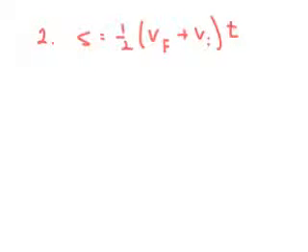This second equation, there's nothing magic about the numbering system. I mean, this could be the first equation, the other one could be the second equation. It's just another equation that applies to uniform acceleration. It's really just a reformulation of the definition of average velocity. Once again, our equation for average velocity is your displacement over your time.